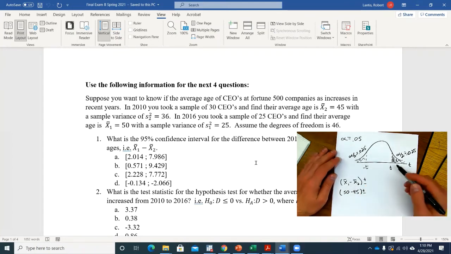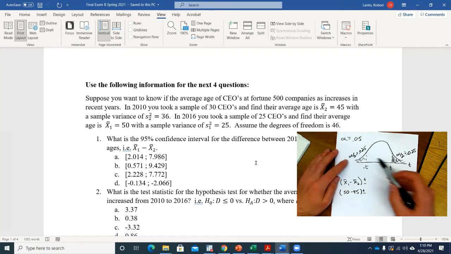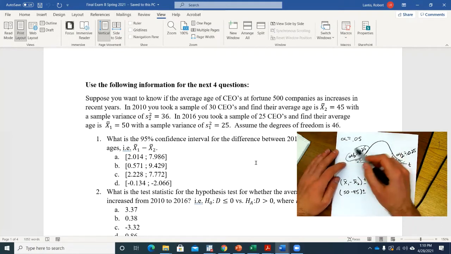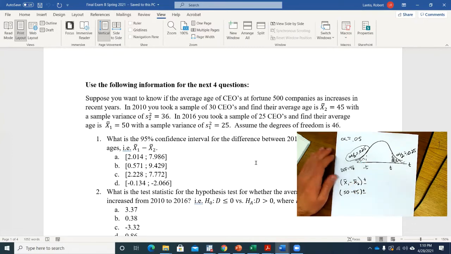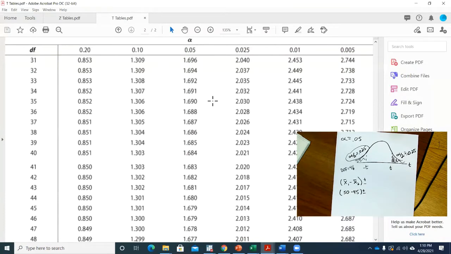The next thing we need to do is look up that t-value. The area I wanted in the tail was 0.025, and my degrees of freedom was told to me to be 46. So I'm going to go to that student t table.